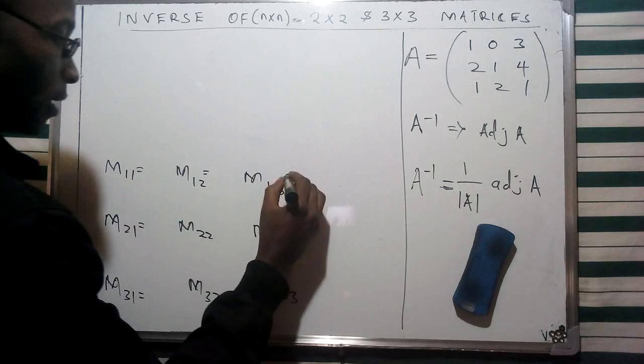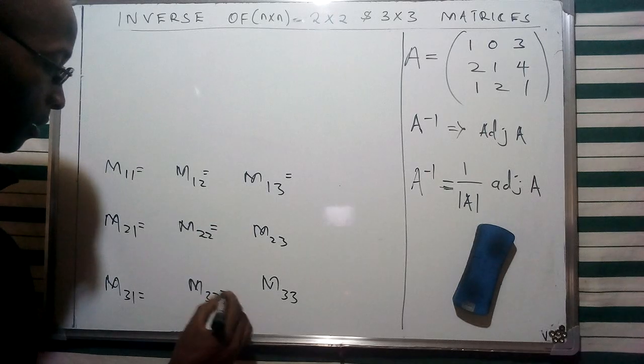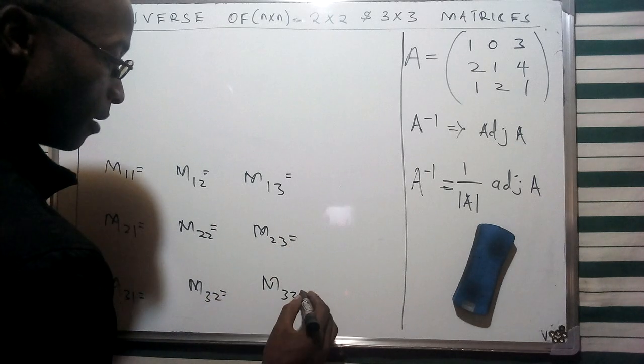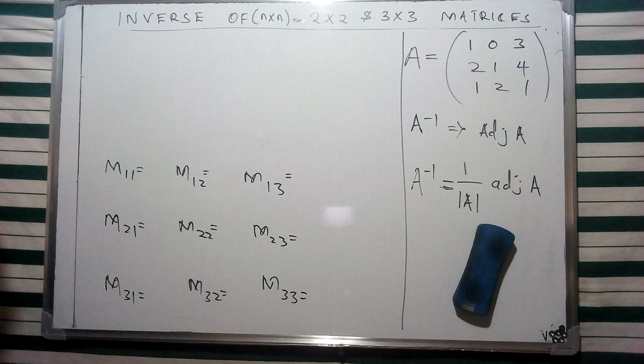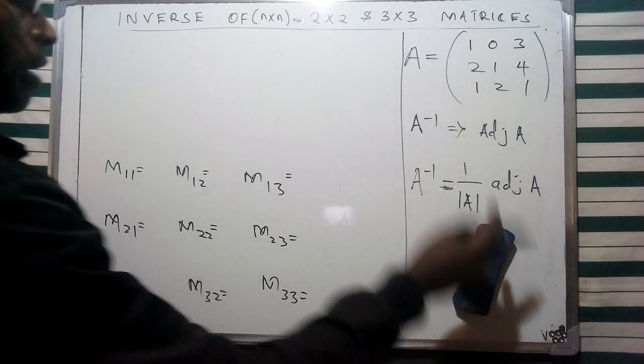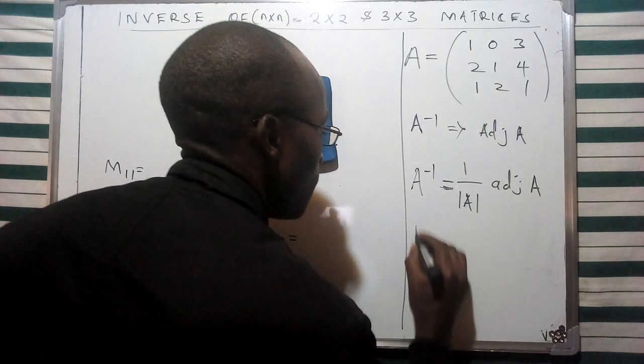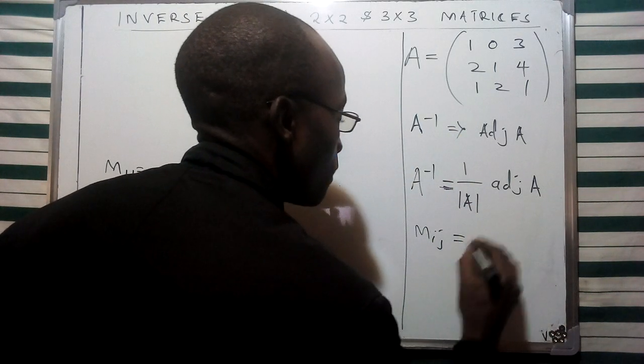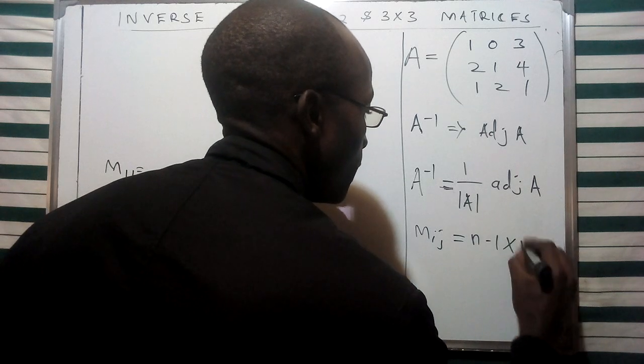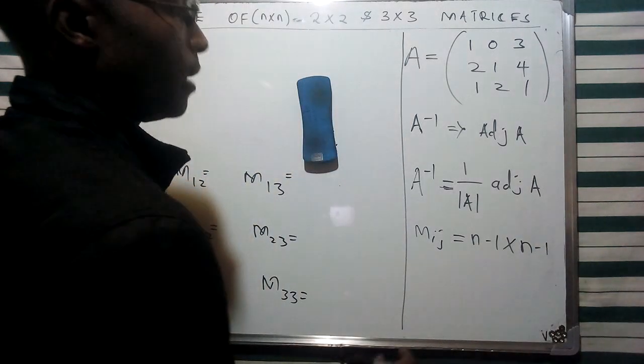In our previous discussions, we have discussed the concept of minors and cofactors. I'm going to put a link to that specific video in our description box so that it assists us in identifying the procedure of finding minors and cofactors. I said that to find these minors, we're going to have them as an n minus 1 by n minus 1 matrix.